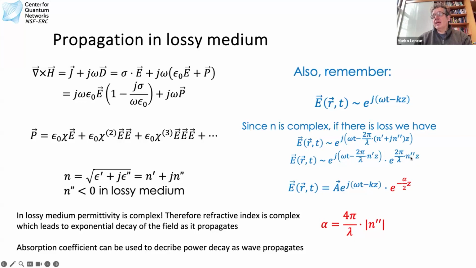In case of gain, if I put some gain material here, this is positive, and the electric field intensity is going to grow, and so this is going to be exponential growth, right? More often than not, we deal with loss in almost every system, except if we are explicitly building a laser or an amplifier.